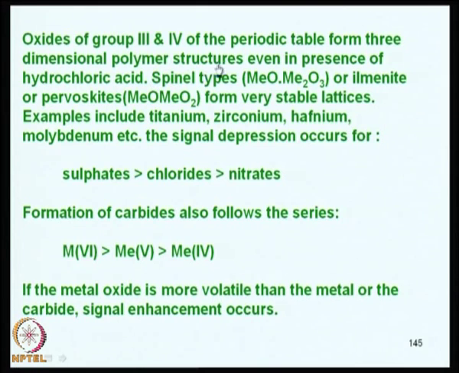I am coming back to the solute volatilization effect; I was giving you only an example of this. The oxides of group 3 and 4 of the periodic table form polymer structures and they decompose more difficultly. We will discuss these things in more detail in the next class.